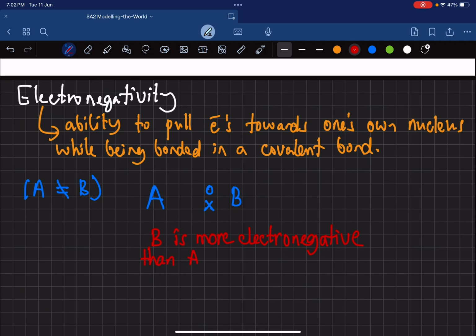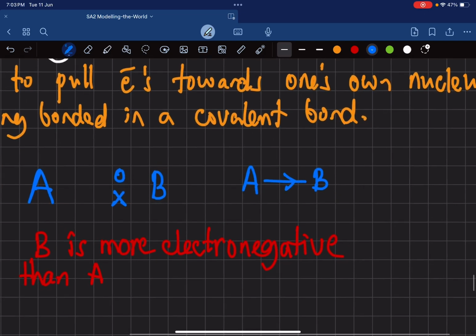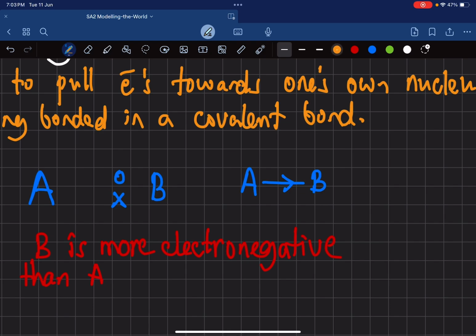When we represent this as a bond, we normally draw A and B, then draw a bond and put an arrow. The arrow means that the electrons are being pulled by B. And we put a small positive sign here and a small negative sign here.